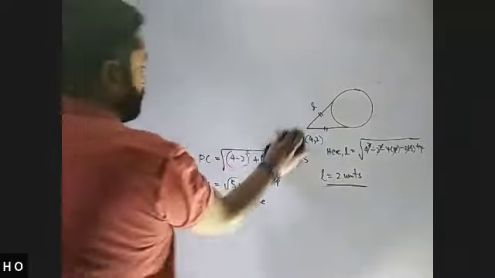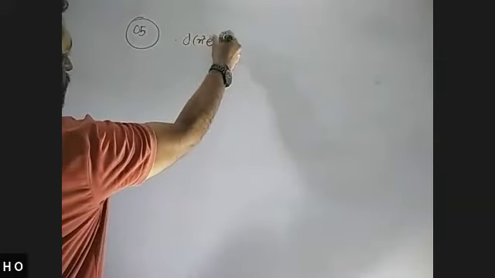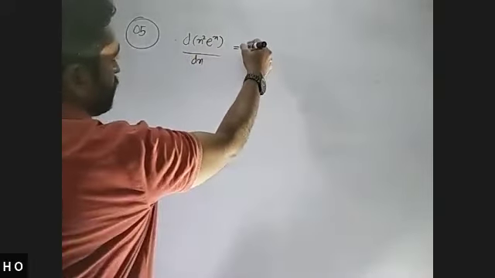Now question number 5. Find the derivative of x squared e to the x, dx. So it is a product.